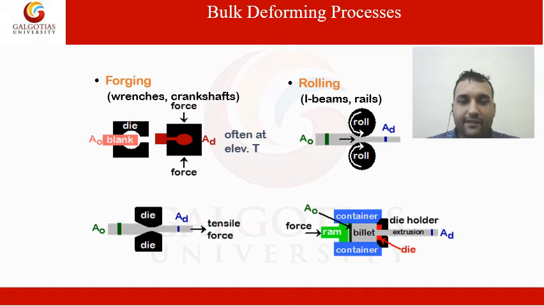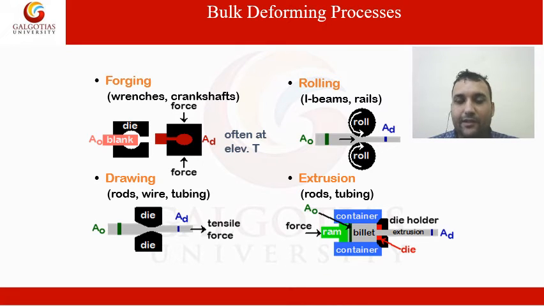Next is the wire drawing process, in which the wires are drawn, like a rolling process. In the next part, the extrusion process is shown, where the ram forces the workpiece material to extrude through a small die opening.